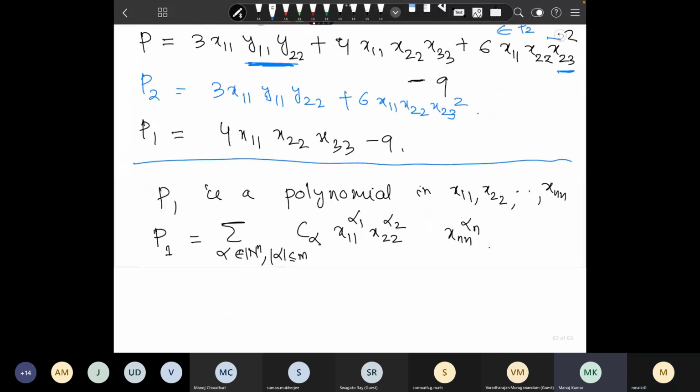So these are your P1. P1 I have written like this.